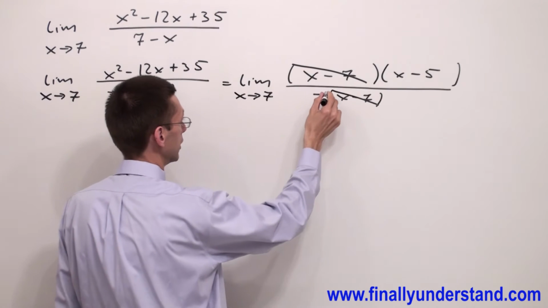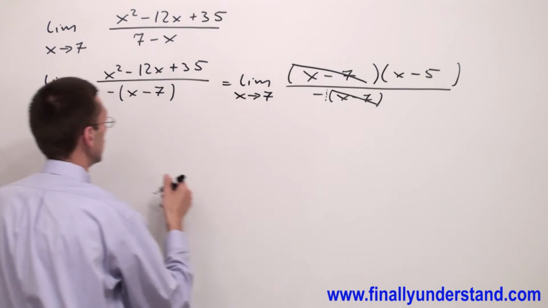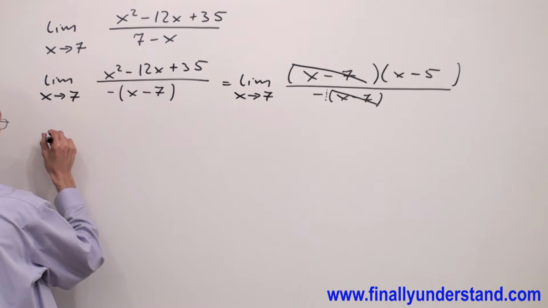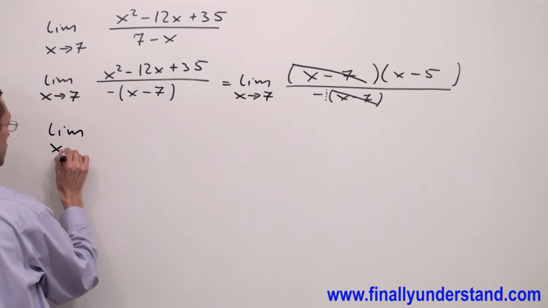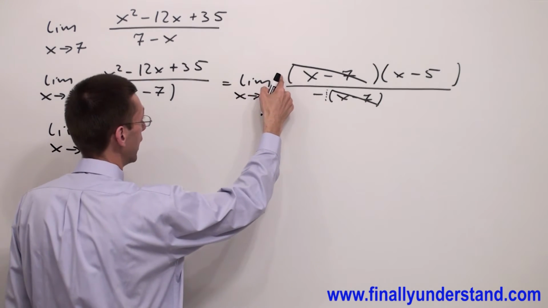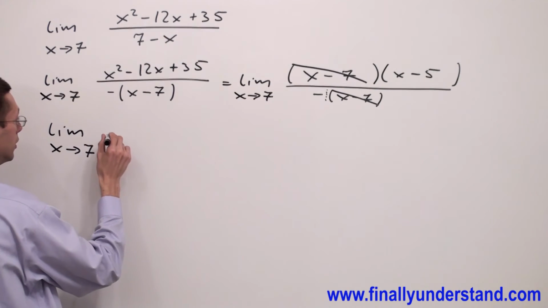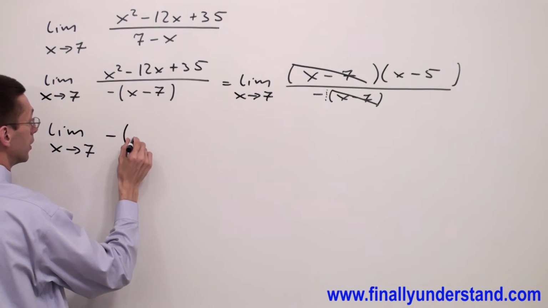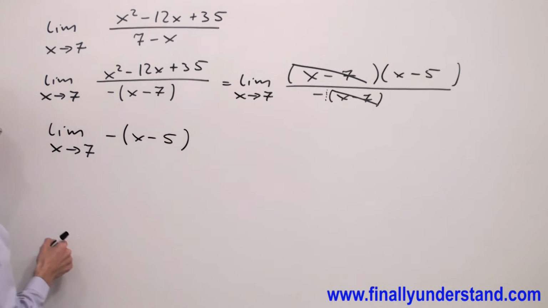And what are we going to have over here? Negative 1. So my expression is going to look like this right now. I have limit x approaches 7, and I have invisible positive divided by negative. I'm going to have negative x minus 5.